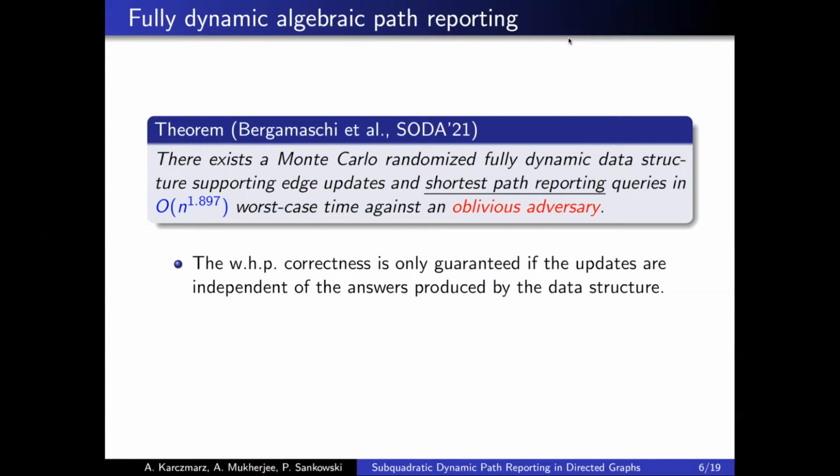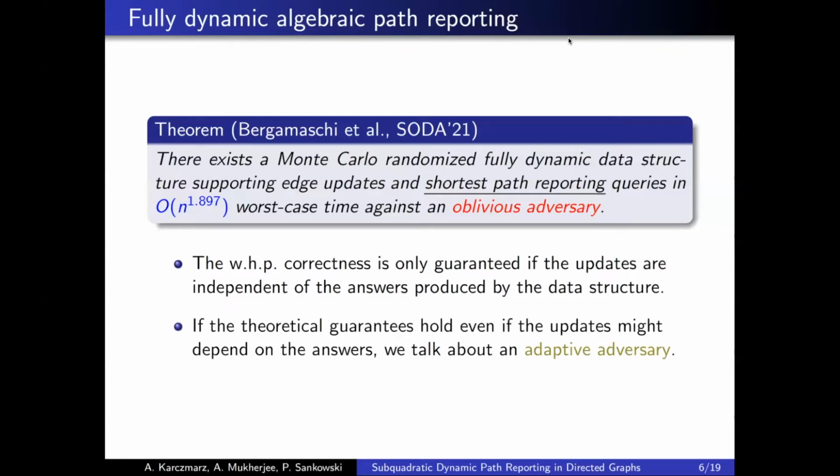If the adversary is oblivious, such a subgraph typically retains its properties with high probability over polynomially many updates. However, the adversary could, in principle, want to remove some of the edges of the reported paths, which could in turn break that guarantee. If these theoretical guarantees hold even if the updates might depend on the answers, we talk about an adaptive adversary.